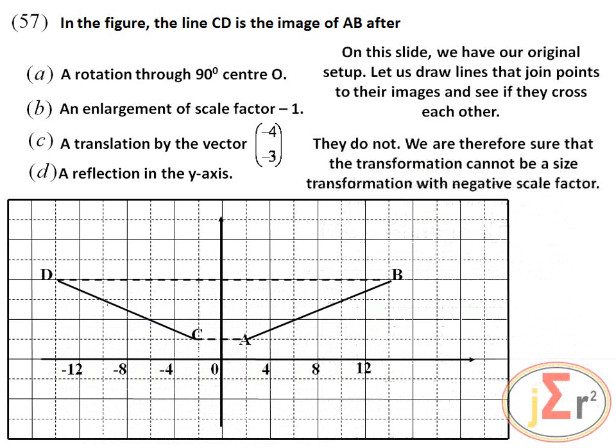Notice that they do not cross. We are therefore sure that the transformation cannot be a size transformation with negative scale factor, because in every size transformation by a negative scale factor, lines joining points and their images will cross each other.